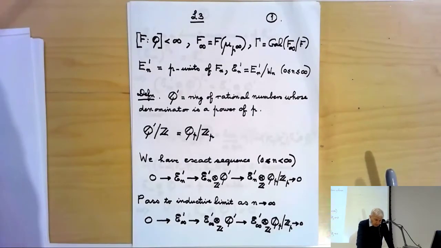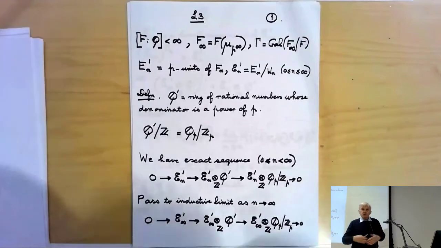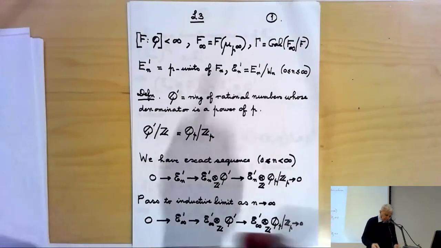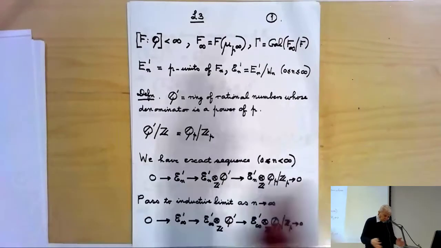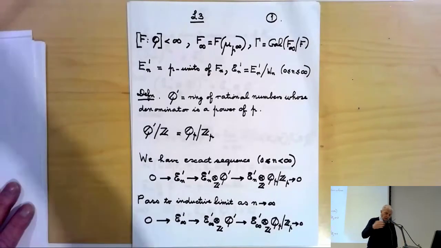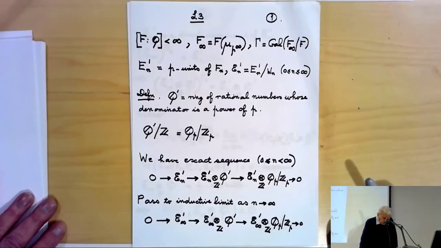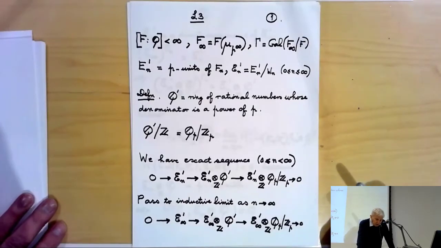And E_n prime will be the p-units of F_n. So they're the units when you take the ring of integers localized at the primes above p, the p-integers, and take the units of that ring.